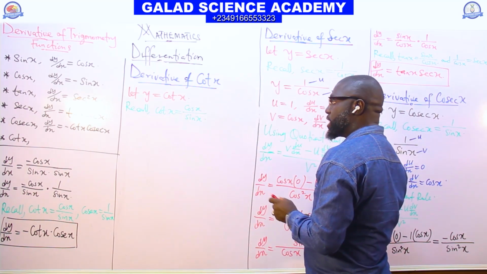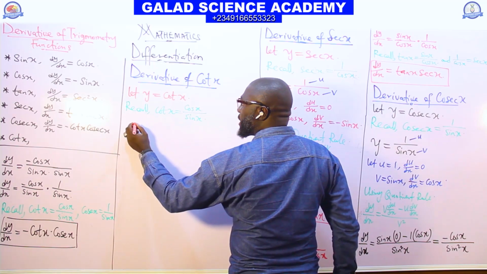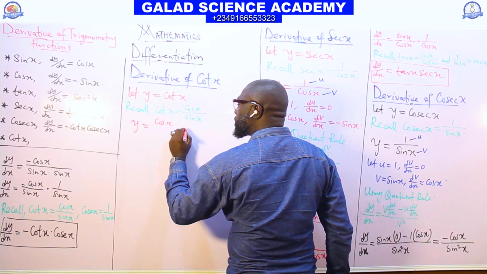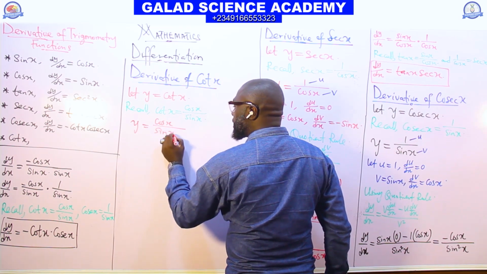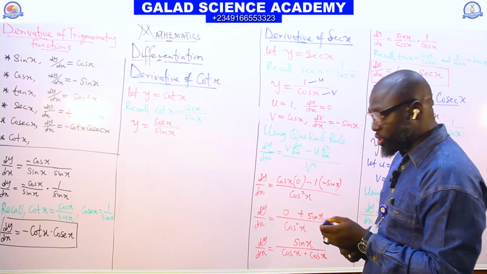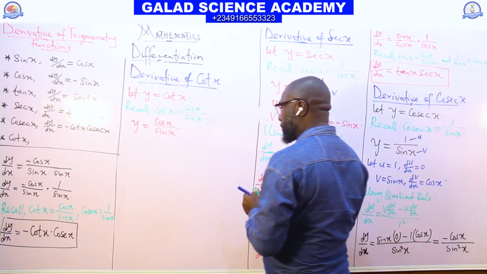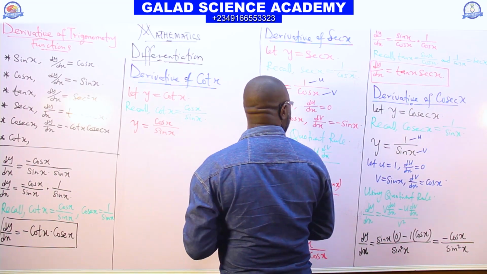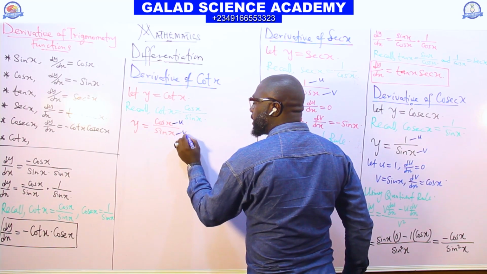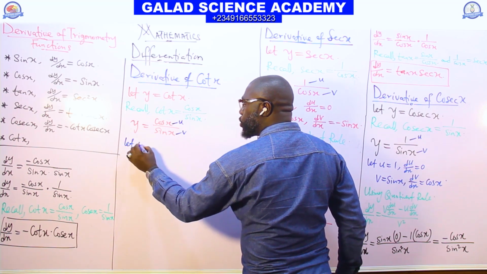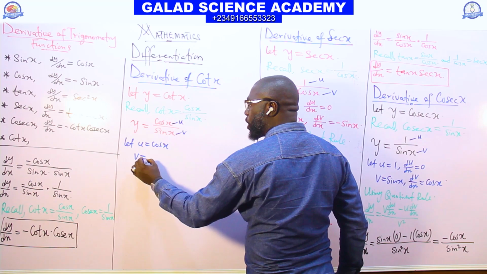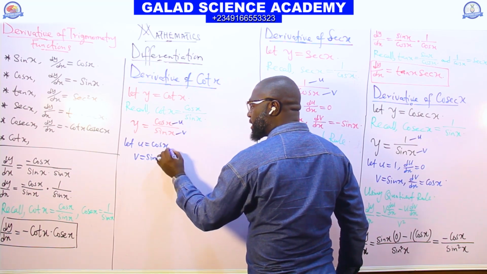If it is in that way, y is equal to cos x over sin x. From the differentiation rules, this is division. Let u equal cos x and v equal sin x.